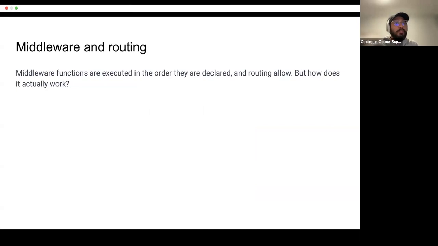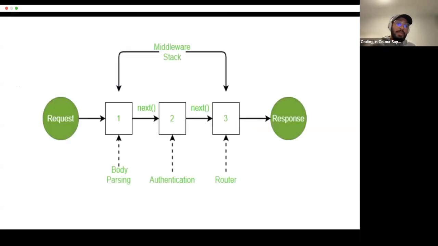Middleware and routing. Middleware functions are executed in the order they're declared, and routing allows that. But how does it actually work? Let's see. So here's an image. What happens is you send in a request. The first part is that it parses the body.